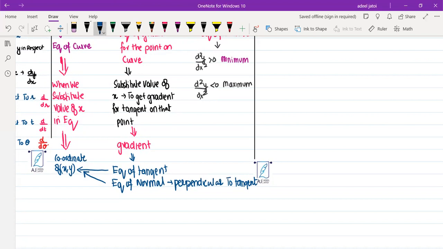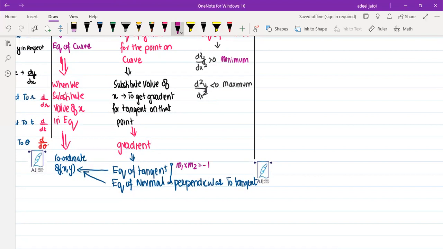So if the gradients of tangent and normal are m1 and m2, then m1 into m2 is equal to -1. The gradient will always be the reciprocal with a negative sign.